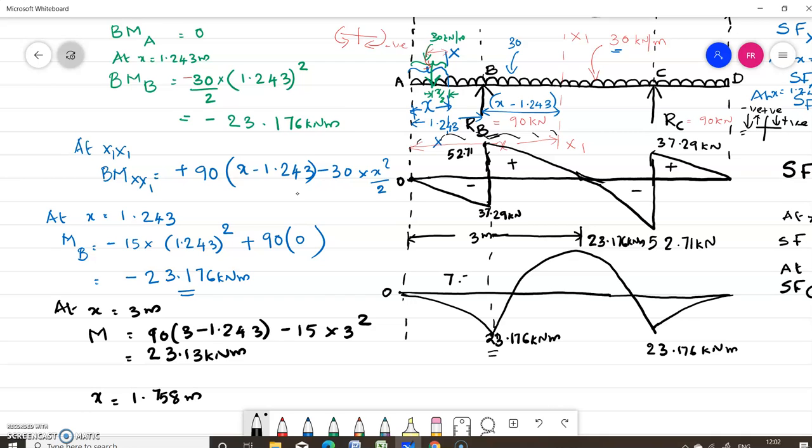So this distance is 1.758 meter. So the equation is 90 into (x minus 1.243) minus 15 x square equal to 0. By solving this equation, you will get x equal to 1.758 meter. So this is the bending moment diagram, and this is the shear force diagram. So the right half will be symmetric to the left half. Okay, thank you.